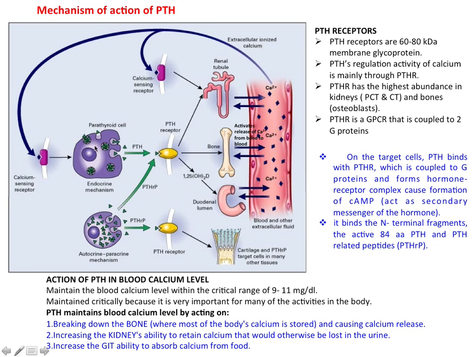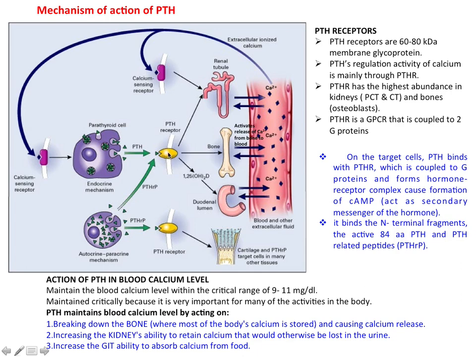So the parathyroid cell or chief cells start secretion of the parathormone or parathyroid hormone. So this PTH goes to the target cell now. So PTH has basically three target organs like kidney, bone, and our GIT, gastrointestinal tract or intestinal region.